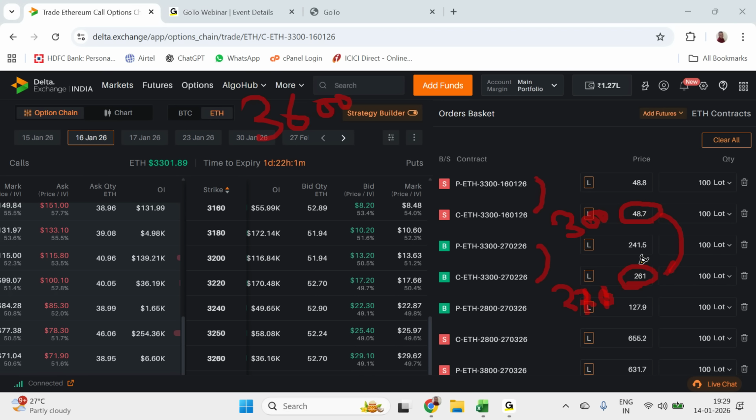Once the price goes to 3600, this 211 debit will not be showing; it will be showing 100 points debit or 80 points debit. So that means there is a 110 point risk.